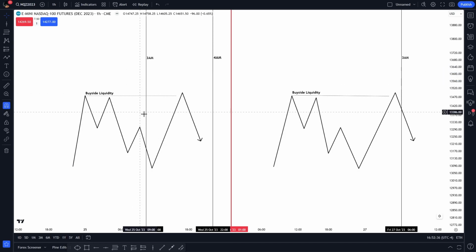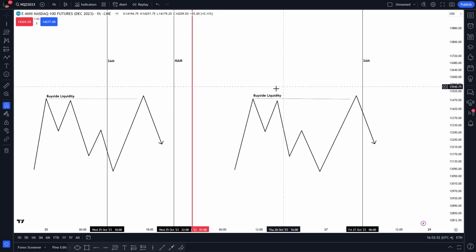And as you can see in this example, we get our liquidity sweep after 3 a.m., right? As you can see, we sweep these 2 relative equal highs after 3 a.m. And that is fine. However, on the other example over here, we have buy-side liquidity that gets swept before the 3 a.m. mark, and that is also fine, right? So you just have to establish a run on liquidity before or during the silver bullet hour.